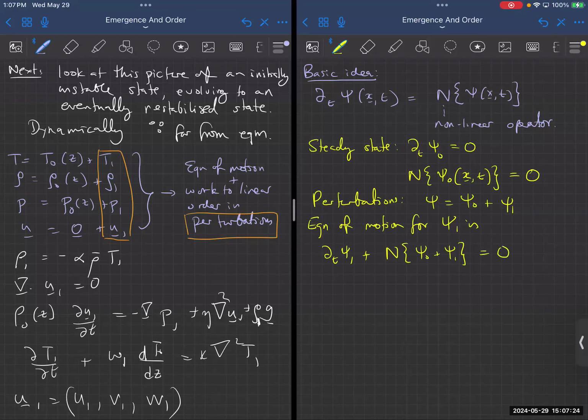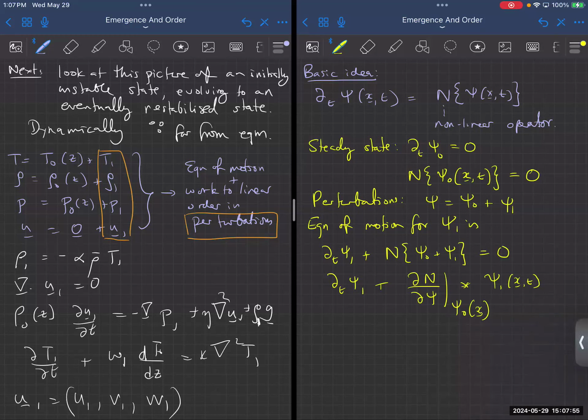is equal to 0. And now I'm going to do an expansion of this nonlinear operator. Technically a mathematician will call it a Fréchet derivative or something like this, but I'll just write it symbolically. This is just d psi by dt plus dN by d psi evaluated at the function psi naught of x, operating on the function psi 1 of x and t.